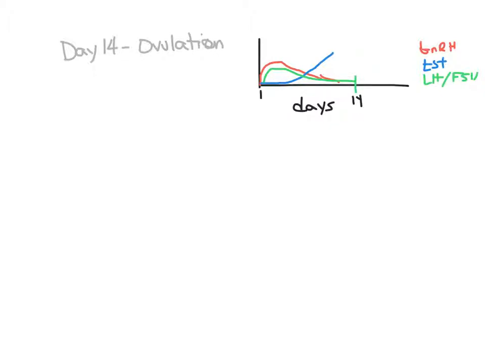So as estrogen levels have been climbing, they get to a certain point. And what happens on day 14, or ovulation day, is estrogen, up until then, was negative feedback. But now estrogen has positive feedback to the hypothalamus.